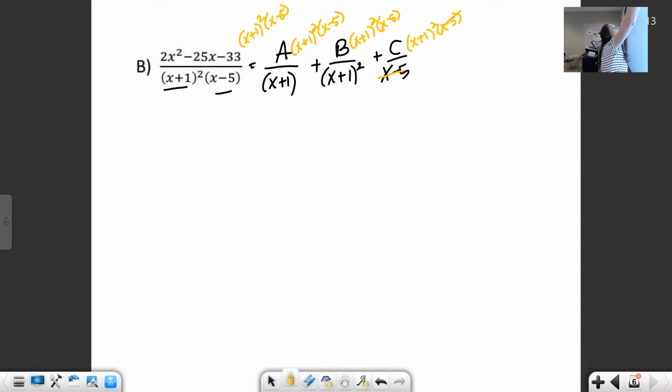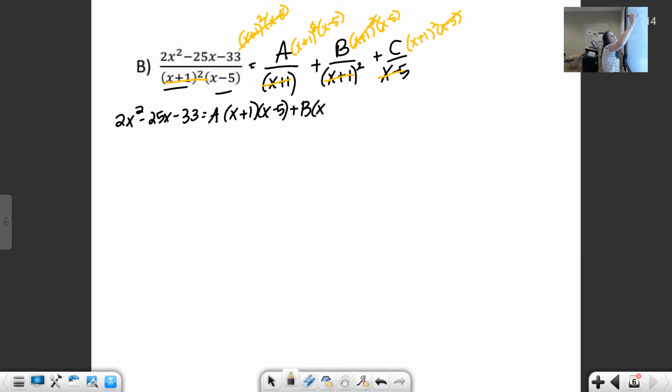All right, so then that x minus 5 cancels, x plus 1 squared cancels, and just one of those cancels, and then everything over there. Okay, so I'm left with 2x squared minus 25x minus 33 equals a times x plus 1, x minus 5.